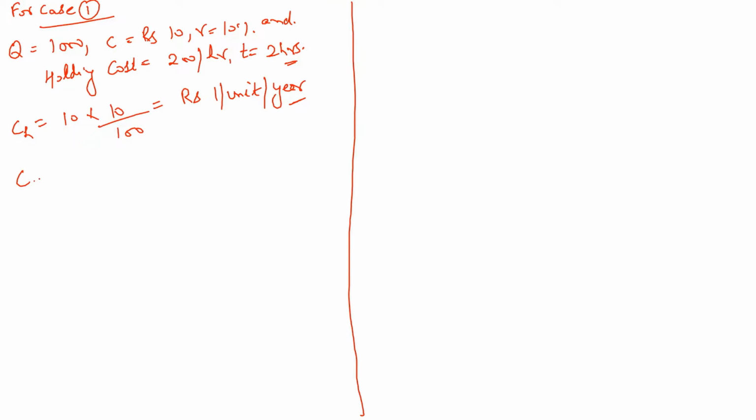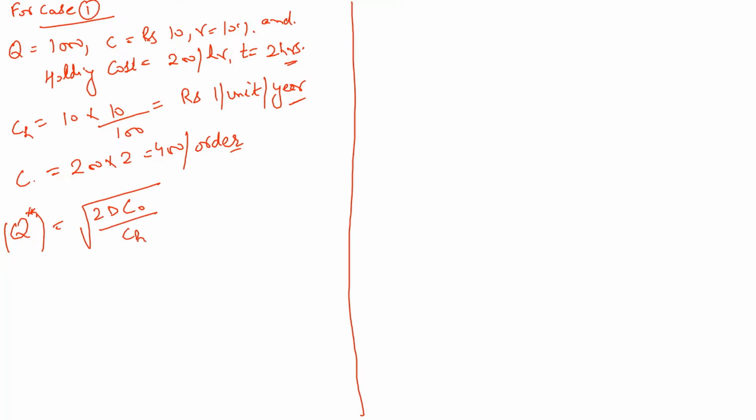Then the ordering cost, C naught, would be 200 into 2, which is 400 per order, right? Now if we apply the economic order quantity model, it states Q star equals square root of 2 times D C naught divided by CH, where C naught is the ordering cost which we have calculated.